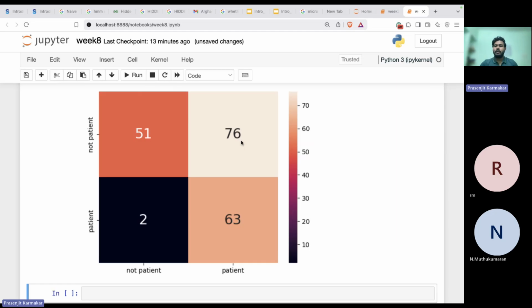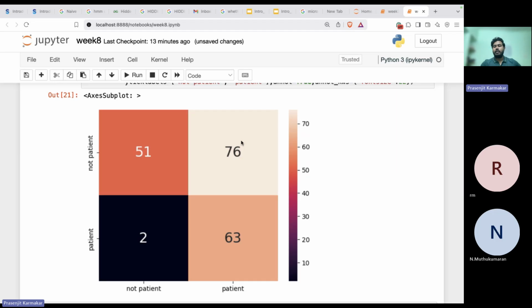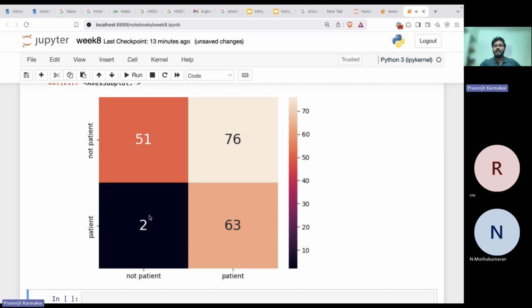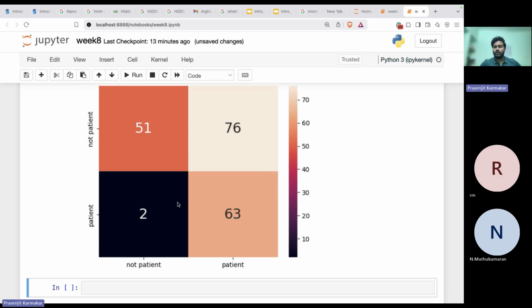Okay, so even if you don't have liver disease, my model is prone to predict you have liver disease. Go check with doctors, rather than when you are a patient and it is predicting that, okay, you are not a patient. So my model is safe. Why? Because it can misguide healthy people to go and check with doctors for liver disease, but most of the time it can correctly classify whether a particular person has liver disease or not, right?